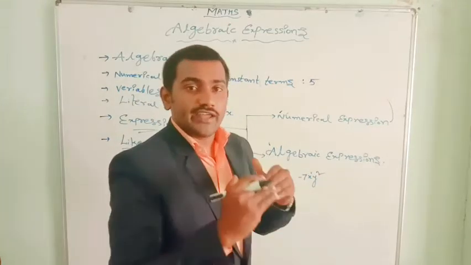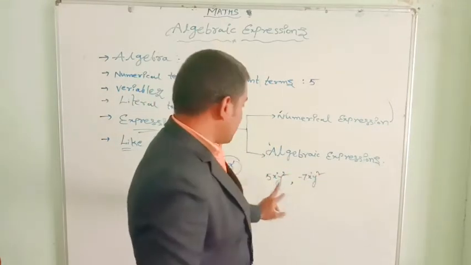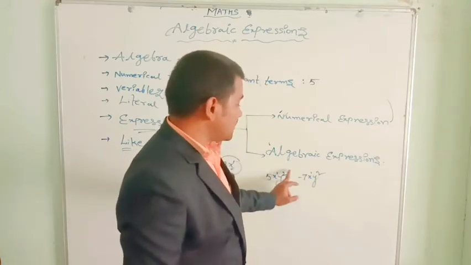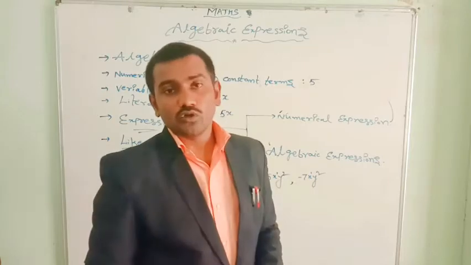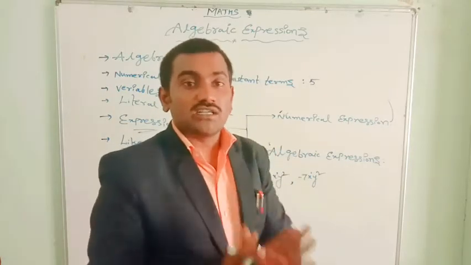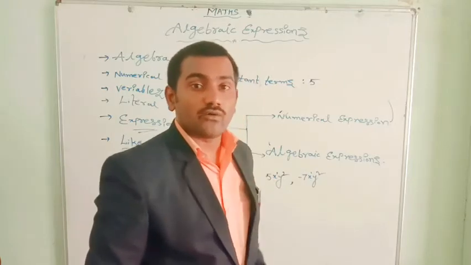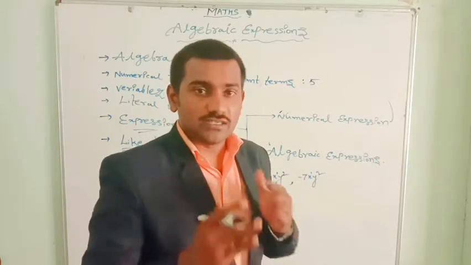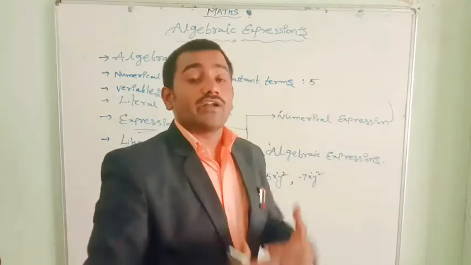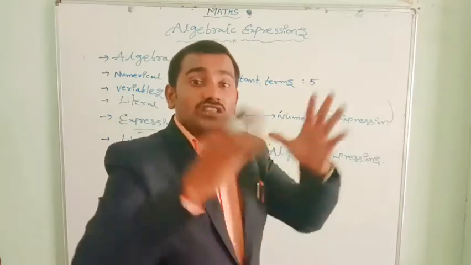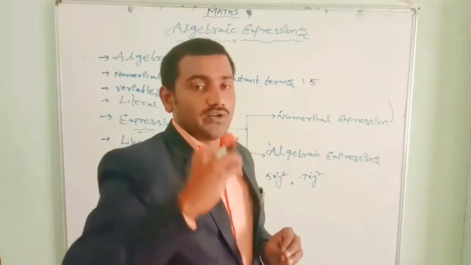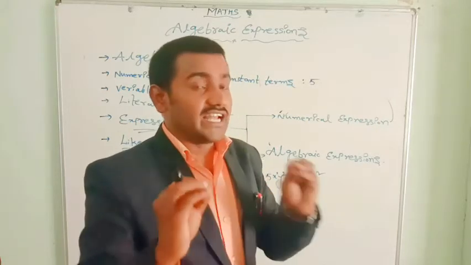Yes, same variables xy, same exponents. So they have the same variables and same exponents. Hence, these two terms are known as like terms. Not only two terms, you can take more than two terms also. Whatever the number of terms, all the terms should have the same variables and same exponents. Then only can they be considered like terms.